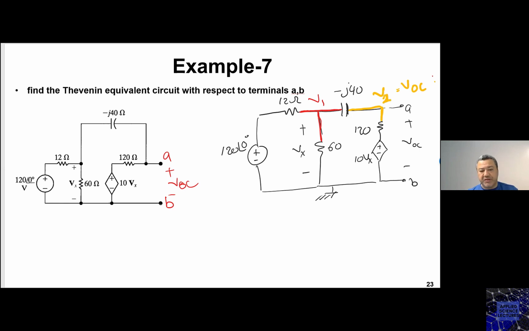Because you've been dealing with assigning voltages for your circuit, I use the same notation, V1, V2, but V2 is indeed VOC, which is the potential difference between this node and the ground, which is the same as the V open circuit. Now you only need to do the nodal analysis that you used to do for a circuit.